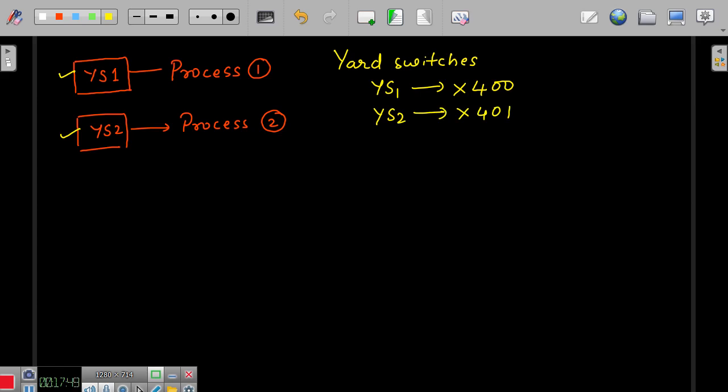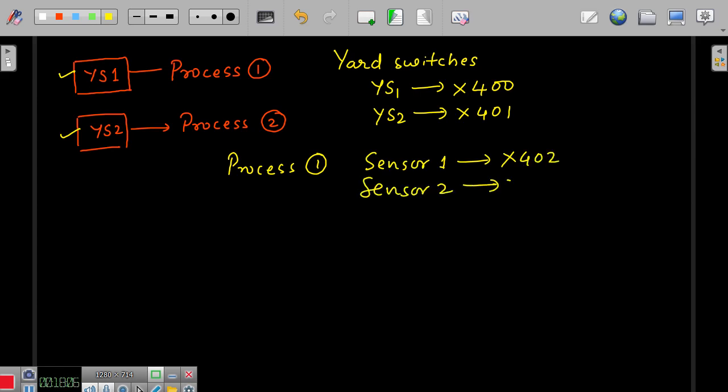Let us be very specific about the selection of these things. Okay. So now when you come to process 1, you have got two sensors there. Sensor 1, let us say that its output is X402, then sensor 2, its output is X403. Then after that we have got one liquid level indicator. That is also of course an input signal.